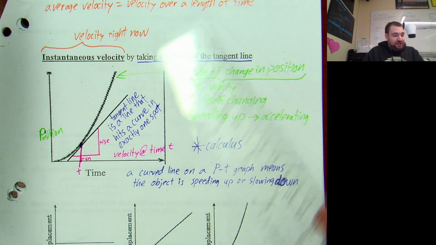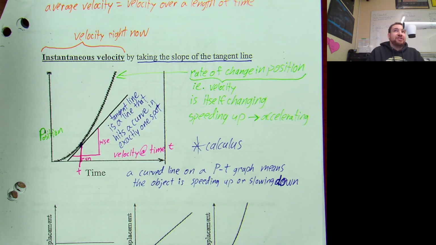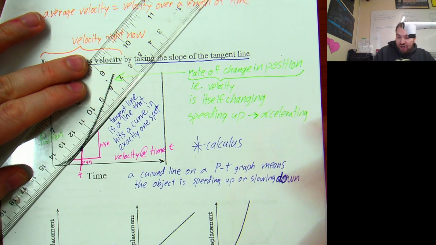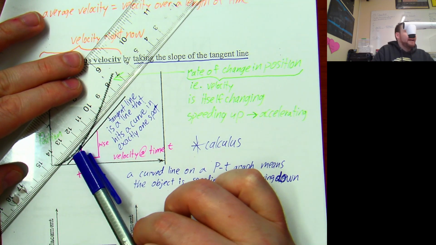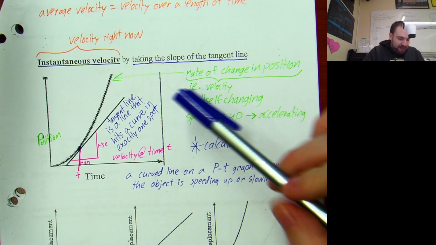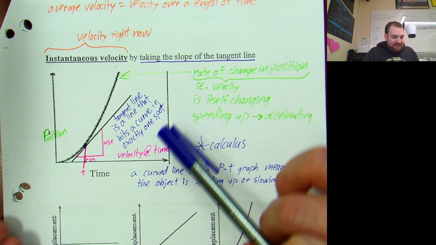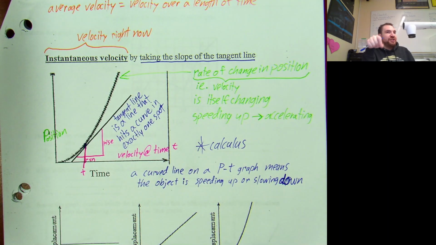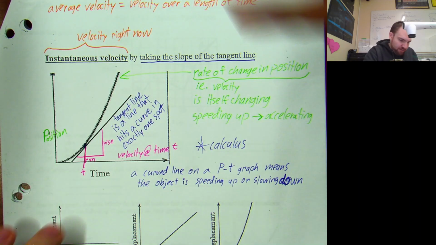So this is where I'm introducing you likely to the idea of having a tangent line for the very first time. So a tangent line is a line that just touches the curve at a single spot. I wrote that in here. Tangent line is a line that hits the curve at exactly one spot. And the job of the tangent line, I will write this here.